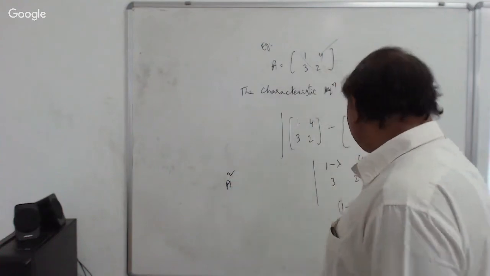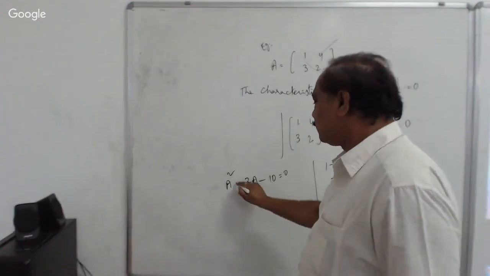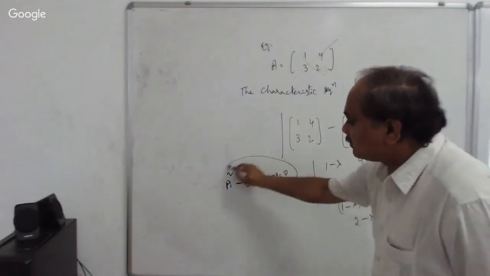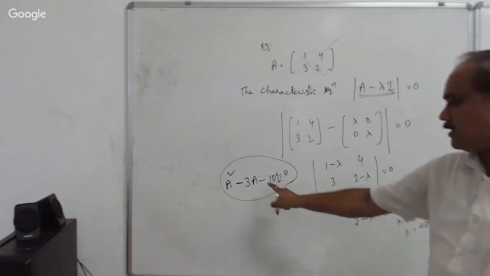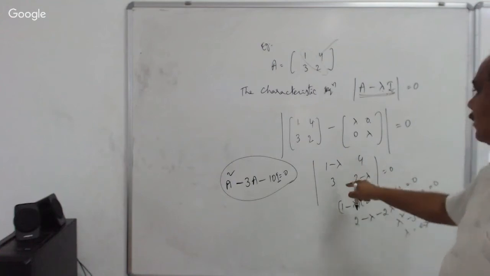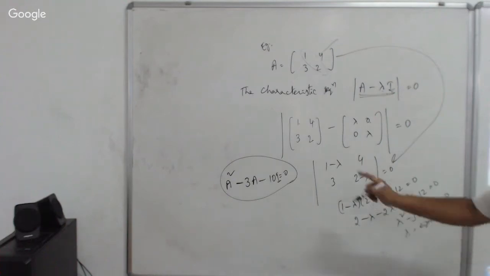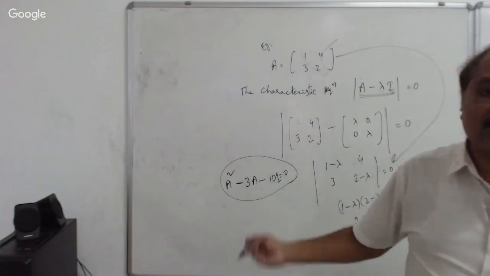For that matrix, this exists. Here lambda is called an eigenvalue of A. Leave it, just leave it. Just learn how to write this step first: write this step directly and put lambda equal to A, and you get this step. Then from this you can find A inverse also.